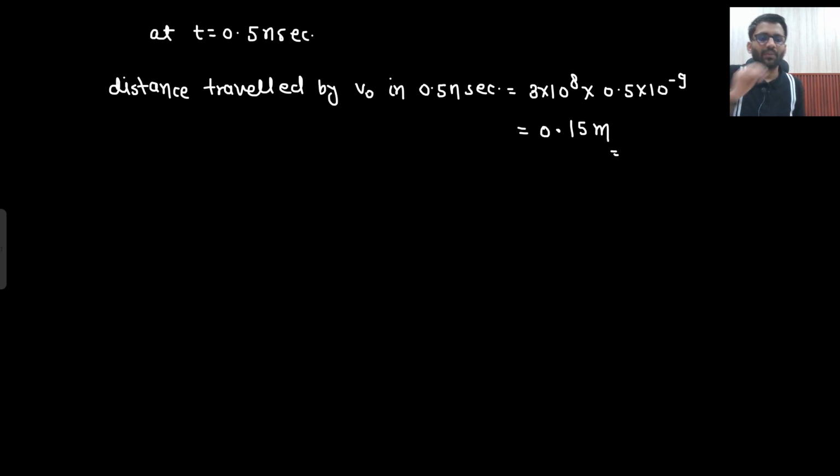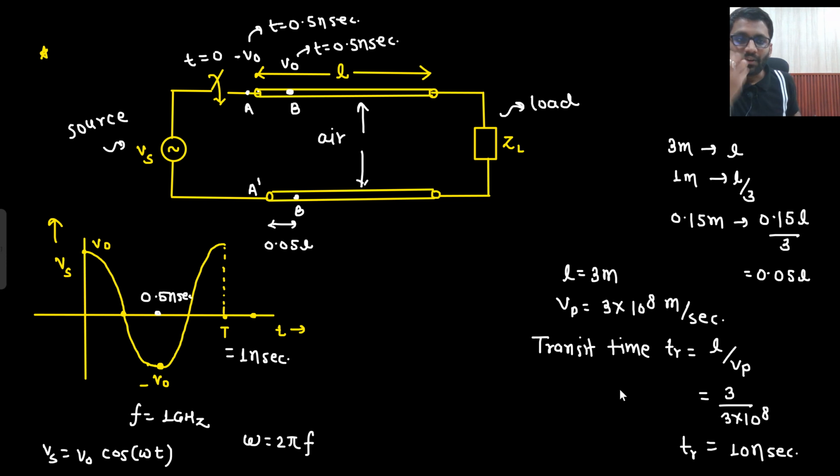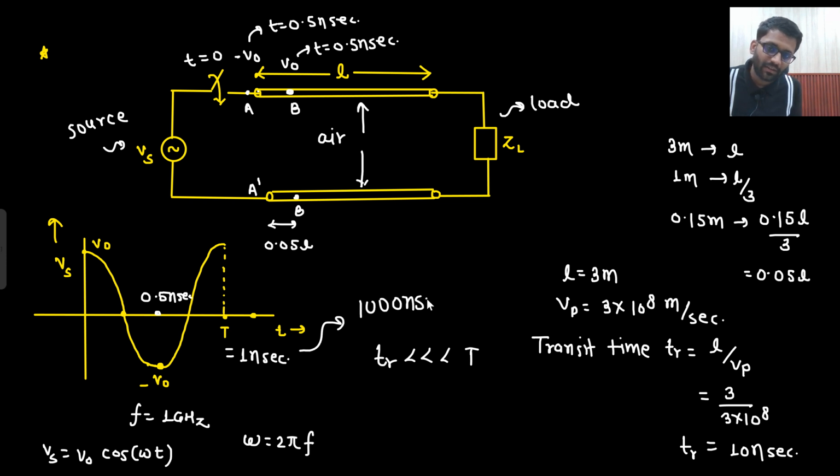Okay. Now, when can I ignore the effect of this transit time? What do you think? When this transit time is very, very lesser than this time period. Let's just say this is 10 nanosecond and this time period is some 1000 nanosecond.